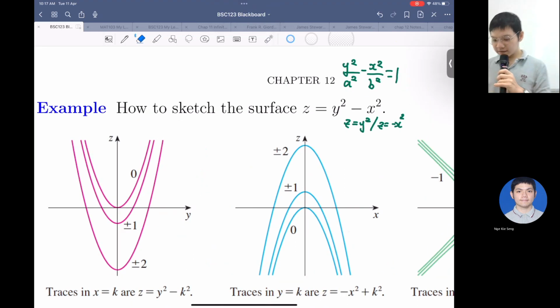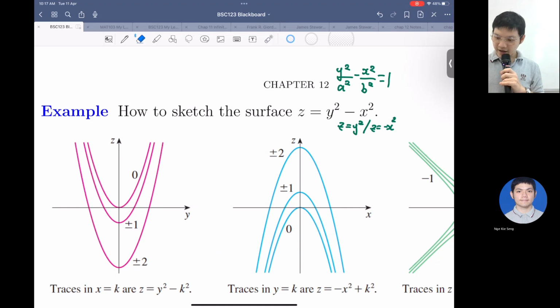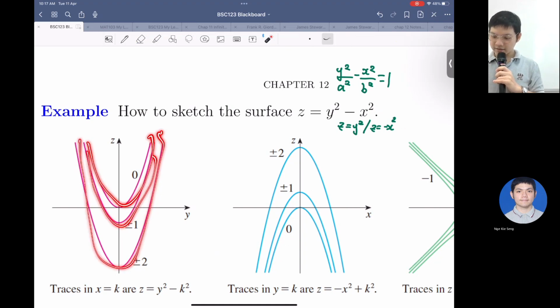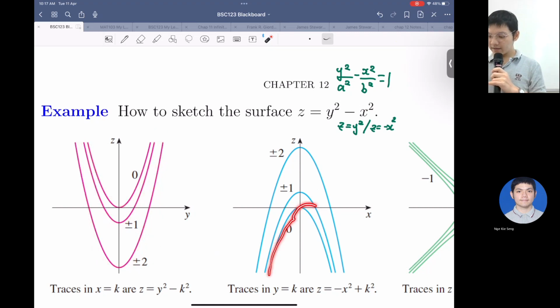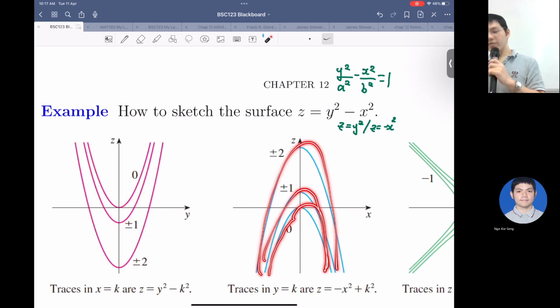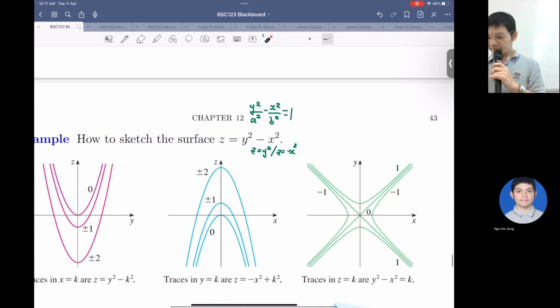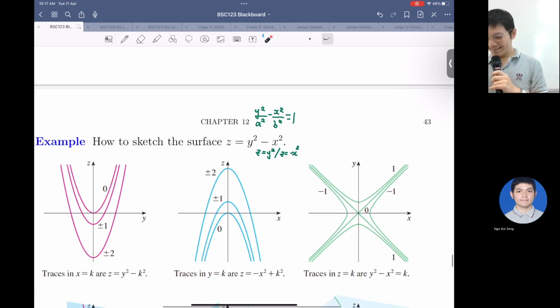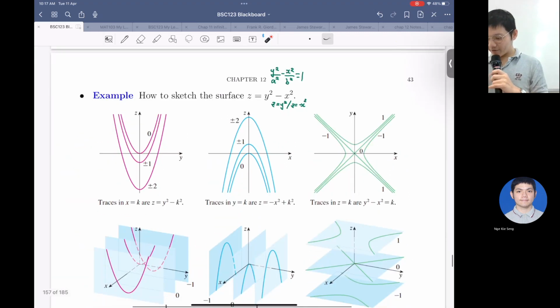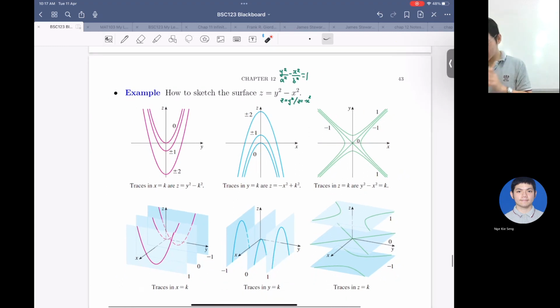For example, if we fix z, make it a constant, we will get all the hyperbola. Similarly in y, we get a hyperbola, but on the other side, because it's minus. And then how about z? In z, we get a hyperbola in the z direction.